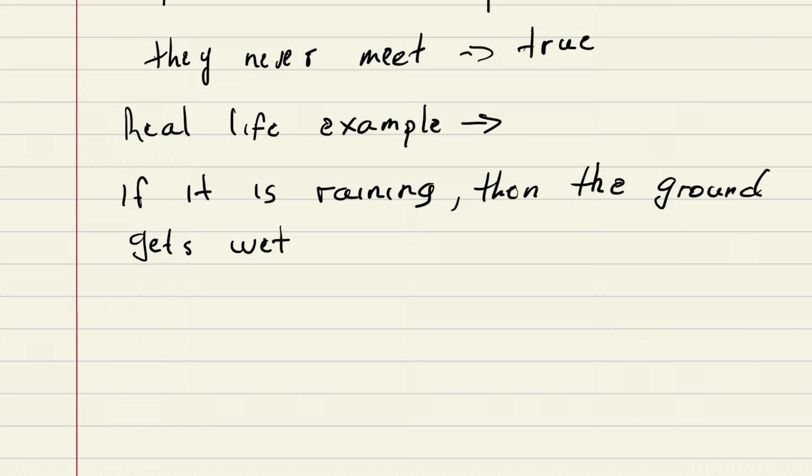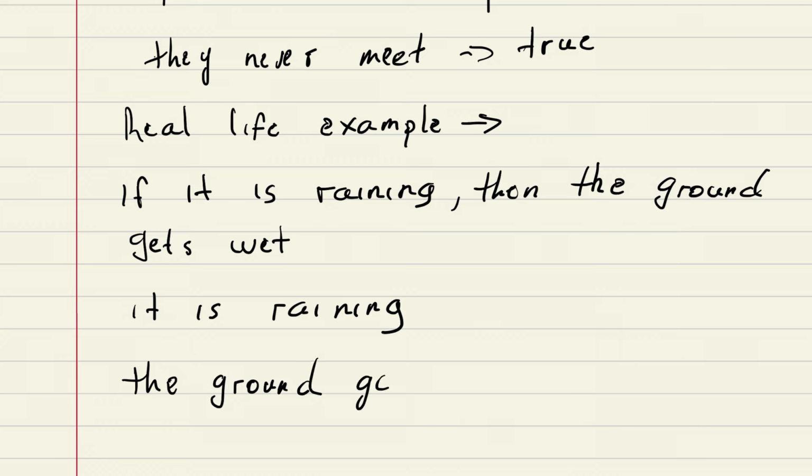So the if it is raining portion is the hypothesis portion, and then the ground gets wet is the conclusion. So the law of detachment says that if the hypothesis of the conditional statement is true, in that it is raining, so it is raining, then the conclusion must also be true. The ground gets wet.